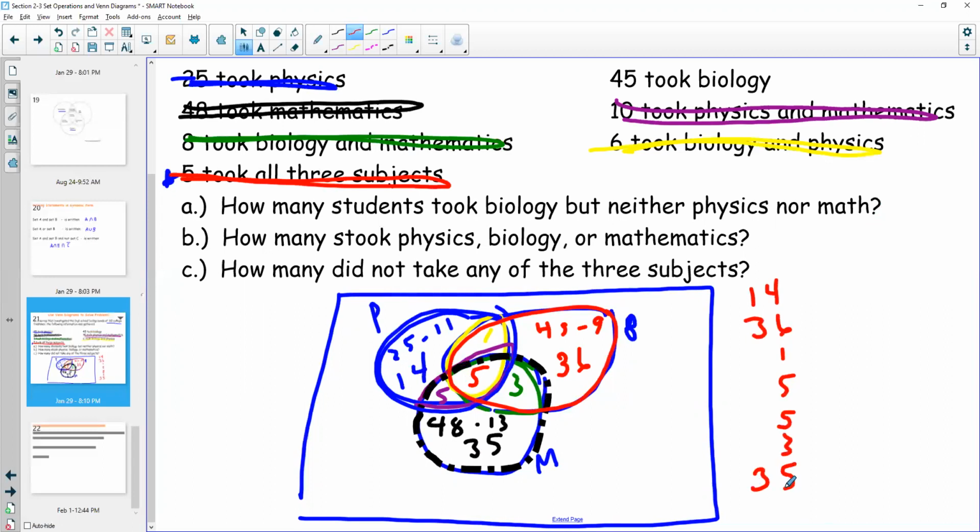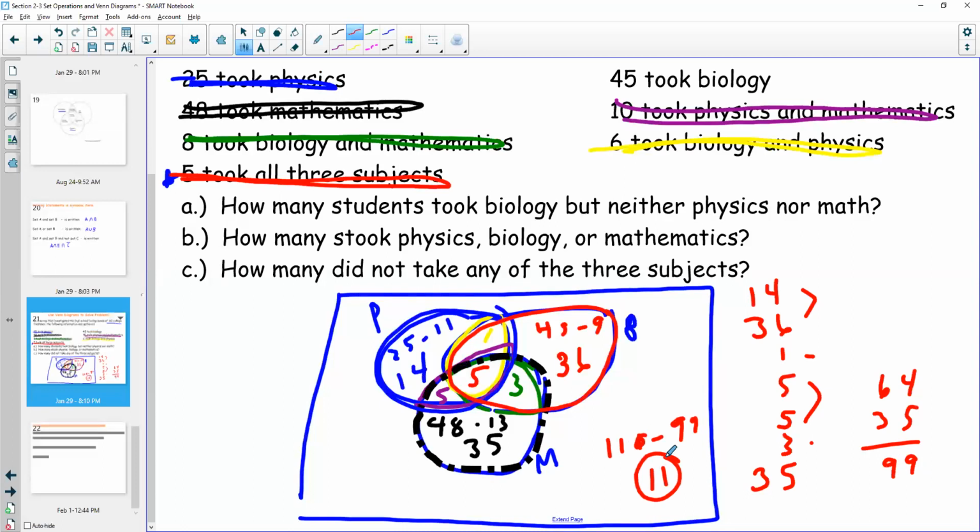All right, 14 and 36 is 50, 51. 10 more is 61. 3 more is 64. So 64 and 35 gets me 99. No, so there are some kids that didn't take any of those things. So out here I have 110 minus 99, that's 11. So there are 11 kids that didn't take any of those 3 subjects.